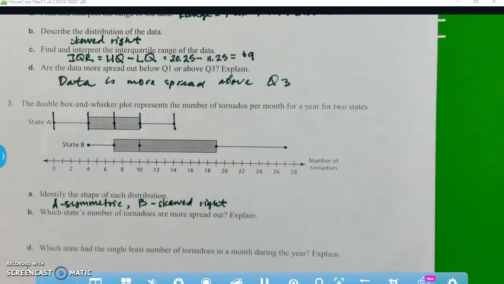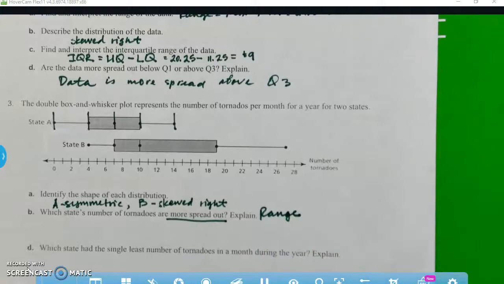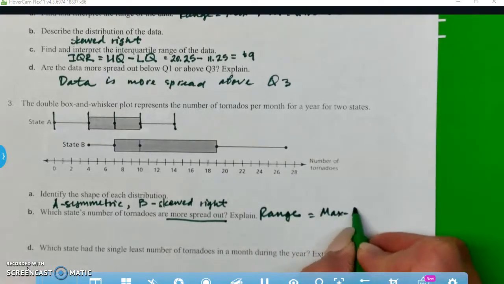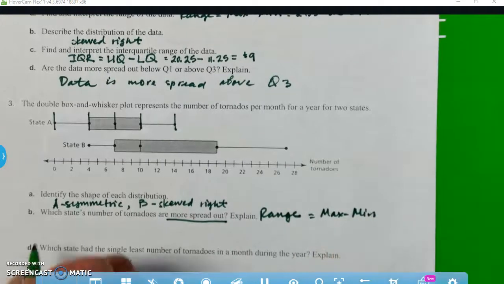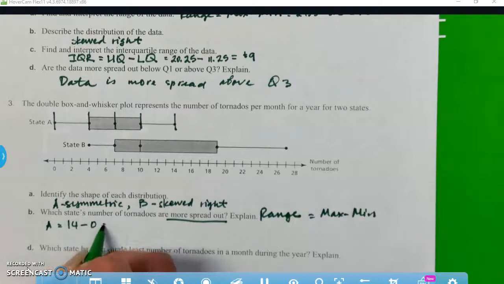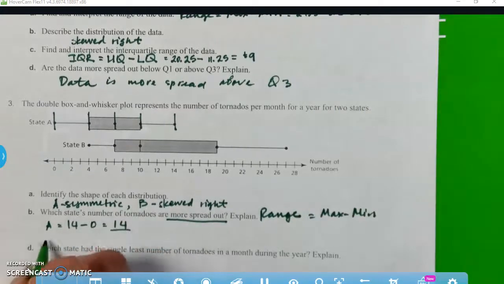Point B, which state's number of tornadoes is more spread out? When we talk about the overall spread of the data, once again, it has to do with the range. We mentioned this in the early example, and this is the difference between maximum and minimum. So for state A, 14 minus 0, the range is 14.